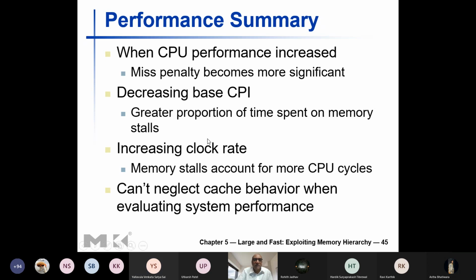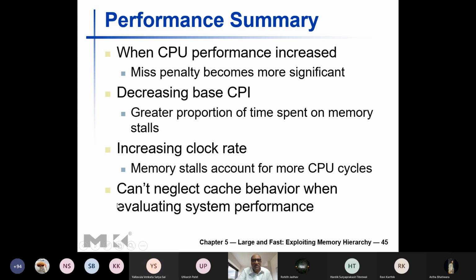So even if you optimize the cache access time or the CPU performance, it still heavily depends upon the memory stalls. Even if you increase the clock rate, the memory stalls will require more CPU cycles, unless you make the access time of DRAM faster. If you increase the clock rate, it requires more CPU cycles.